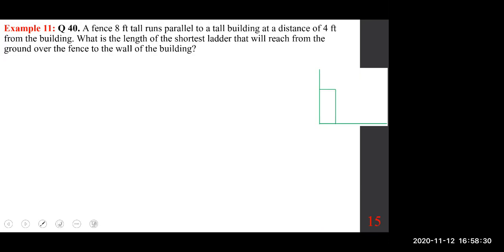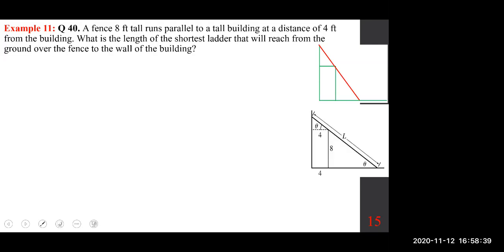So this is what we have. This is the situation, class. So take a look at this. That's the length. I hope you are following what's happened. The angle that it makes here is the same as here. This distance is 4 and this is 8. I hope you see where we get those numbers from.